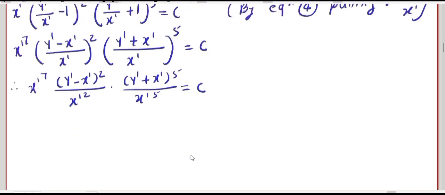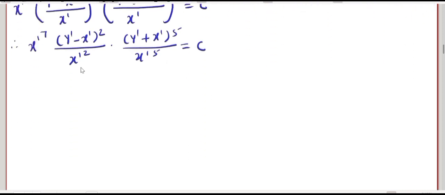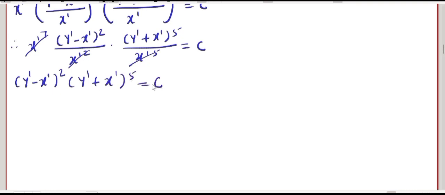Now here we have x' square into x' raised to 5, we get x' raised to 7. So cancel these terms, x' raised to 7 with x' raised to 7. We get (y' - x') square into (y' + x') raised to 5 equal to c.